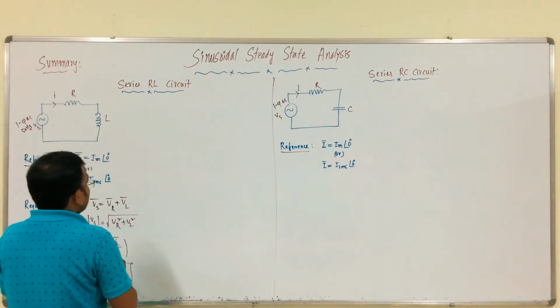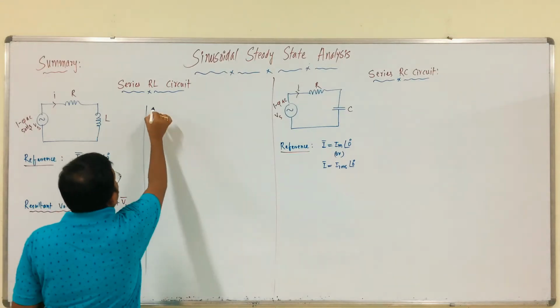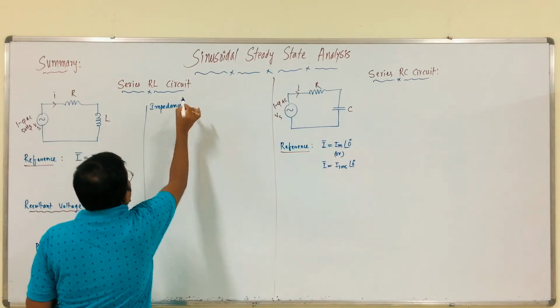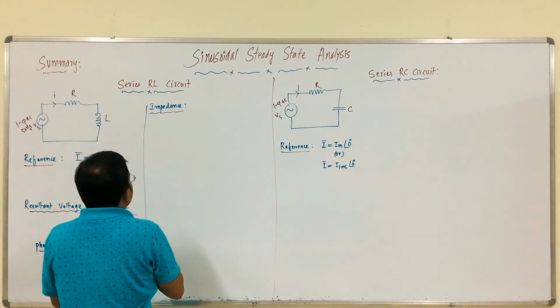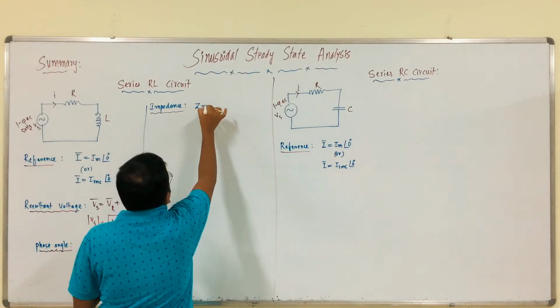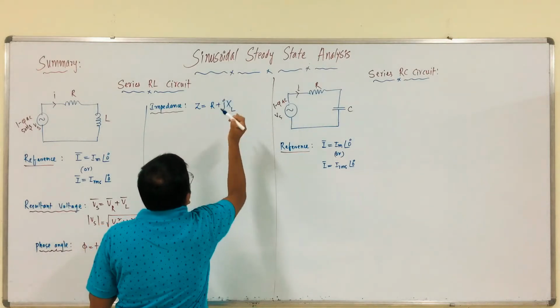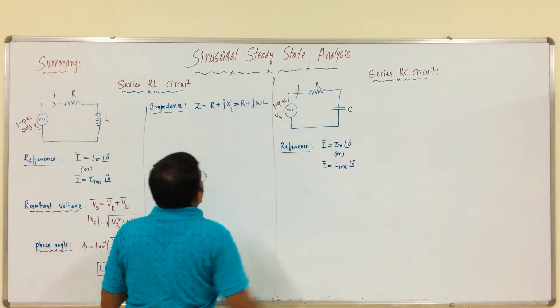Z equals R plus J XL, where XL equals omega L. Clear?